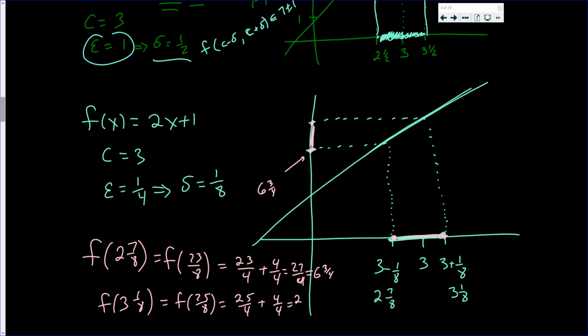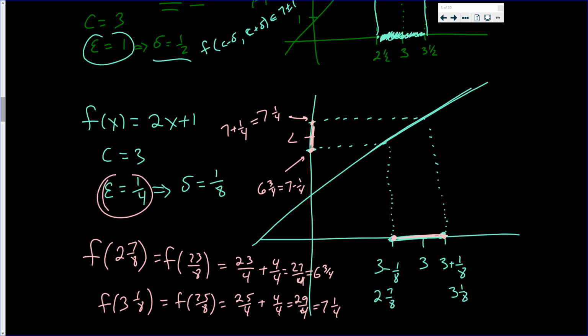Well, that's 29/4, which is 7 1/4. But you know something? This is 7 minus 1/4, and this is 7 plus 1/4. Remember, the limit we claimed was 7, and epsilon is 1/4.